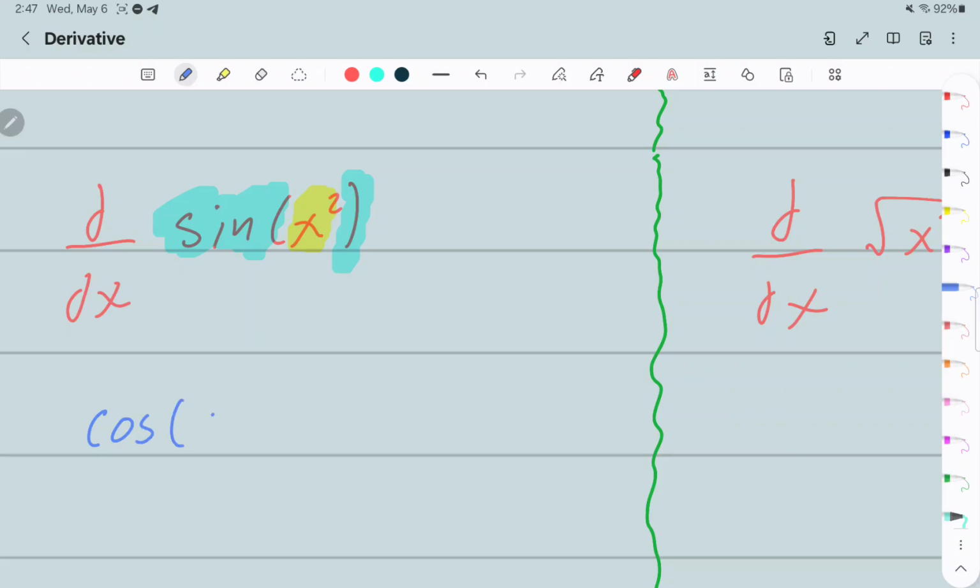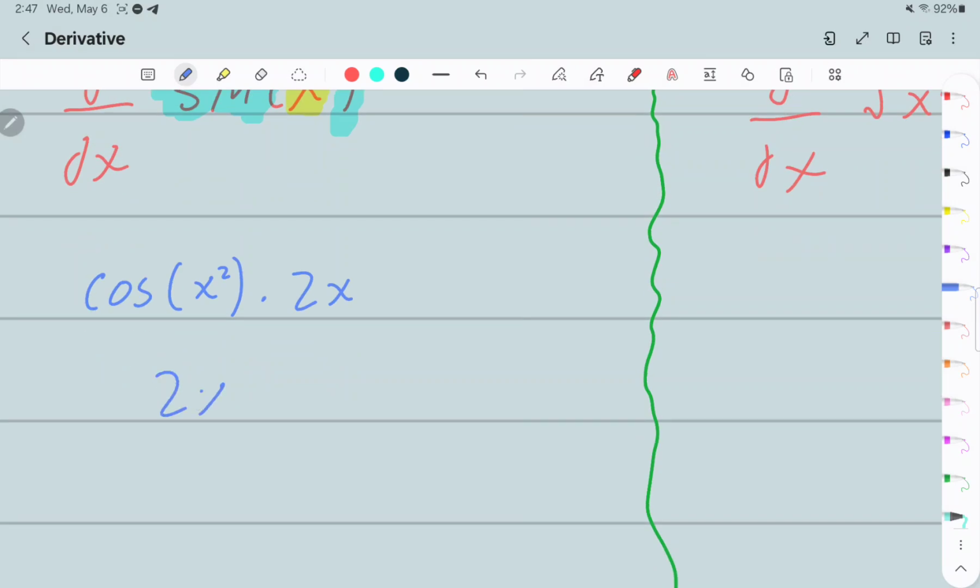The inside stays the same. It was x squared, it's still x squared. Now multiply it with the derivative of the inside, which is x squared, the yellow part. The derivative of x squared is going to be 2x, and you just write it down. If you want, you can further multiply. It's going to be 2x cos x squared. And that's it.